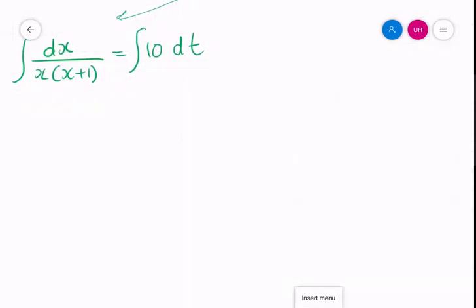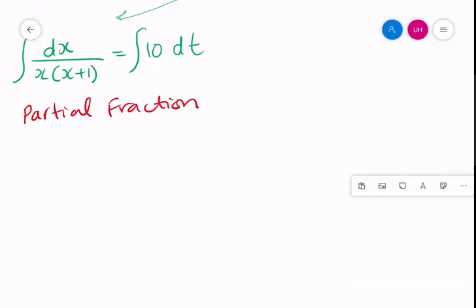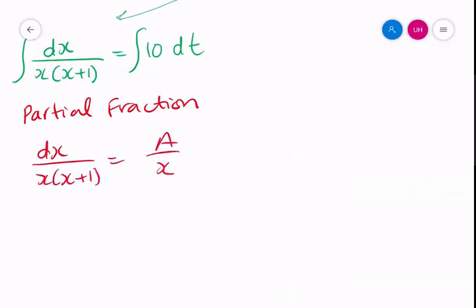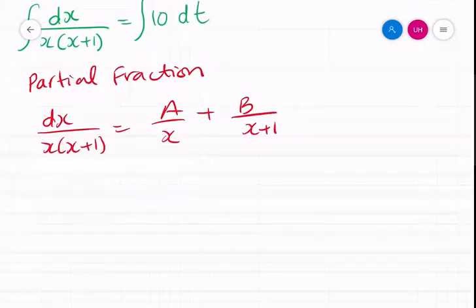Okay, so work partial fractions here, because we have dx over x multiplied by x plus 1. So this is going to be 1 over x times x plus 1 equals a over x plus b over x plus 1.